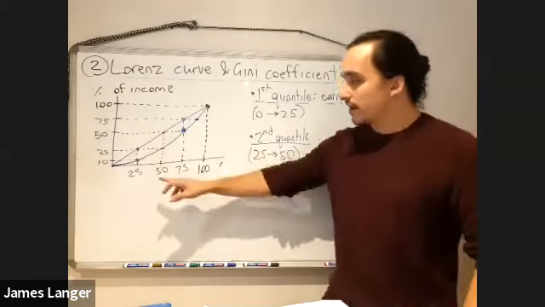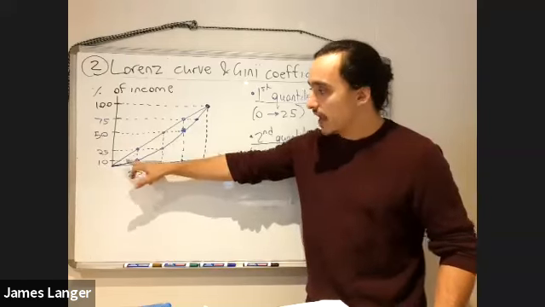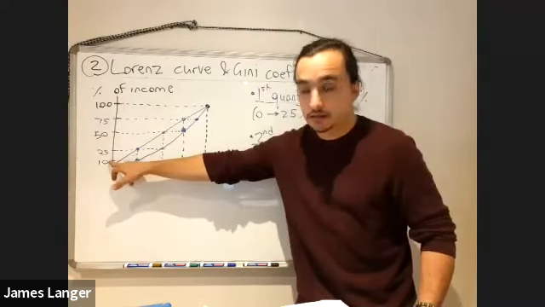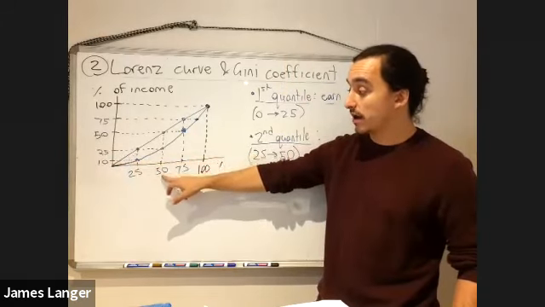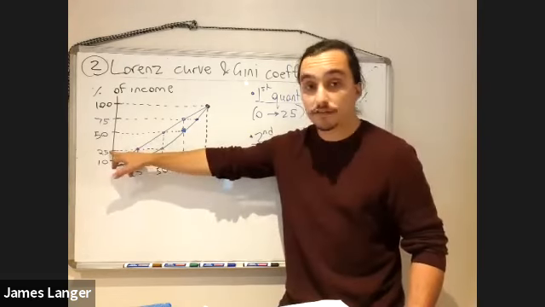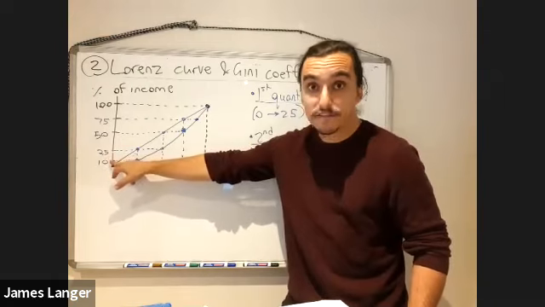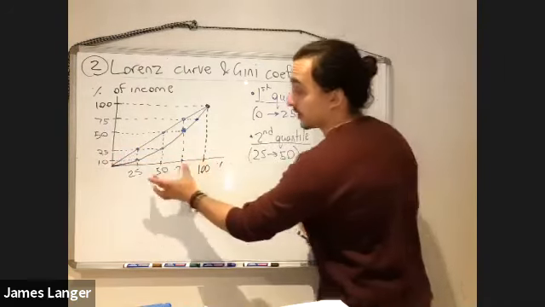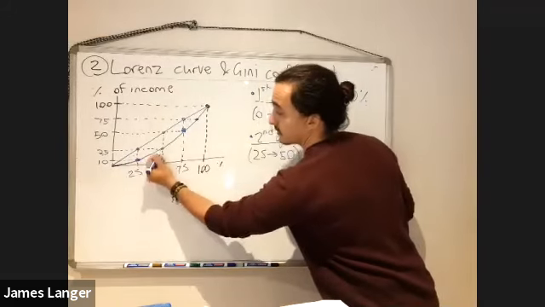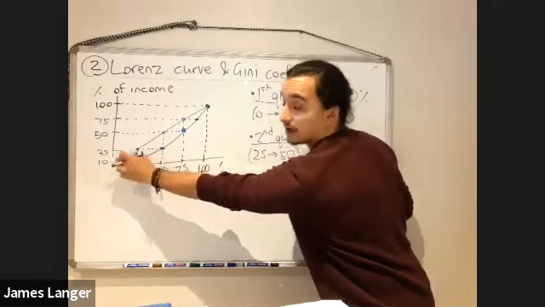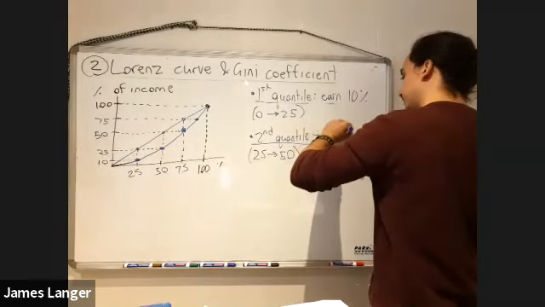We take the point where we have 25, where we start this quantile, and see that that's 10%. And at the end of the second quantile, where we have 50%, we see that that's 25% income. So what's the difference between 25 and 10? 15%. What this line is showing is that this quantile earns income equal to 25 minus 10%. So that's going to be 15%.